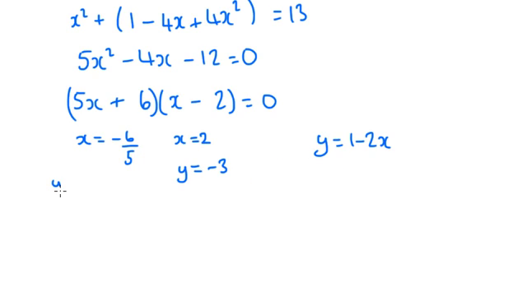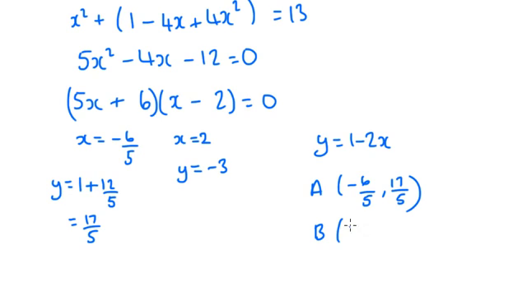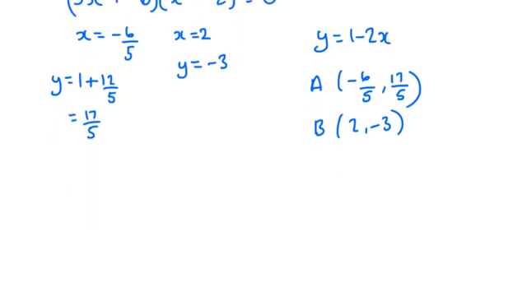When x is minus 6 over 5, y is going to be 1 plus 12 over 5, which is 17 over 5. So our 2 points are, and let's say A is the first one, minus 6 over 5, 17 over 5, and 2, minus 3.